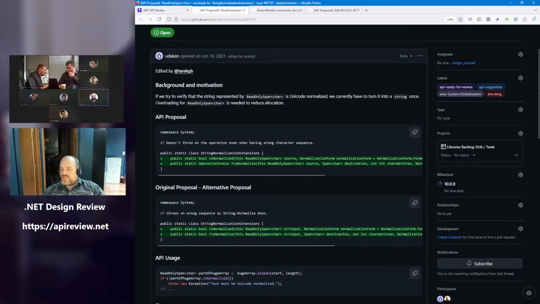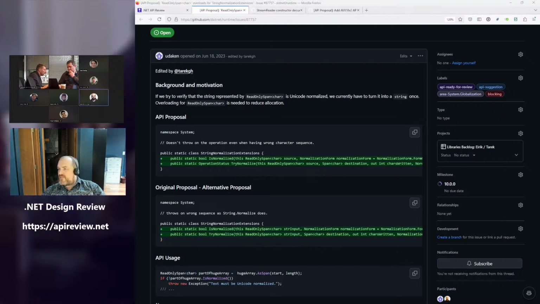So operation status can be one of three values: either success, so the operation is successful, or it can be out of memory, I mean the buffer is not enough to hold the results, or it can return a failure, because the normalization operation can fail if it encounters some malformed characters inside the string, like malformed surrogate pairs, for example.